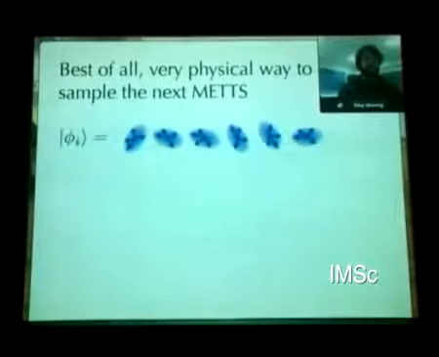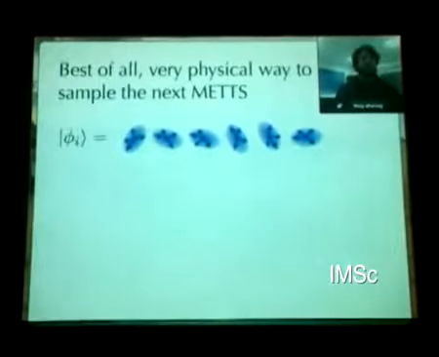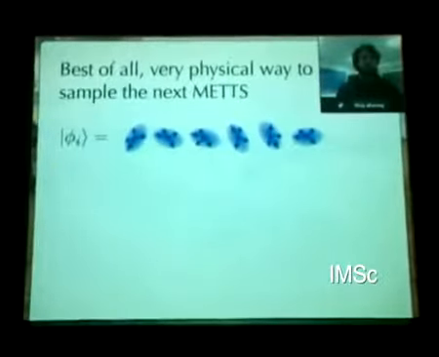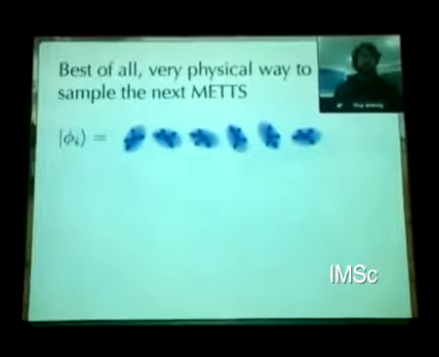Please begin. Good, okay. Sure. So this slide is the final step of the METTS algorithm, and those are the details.